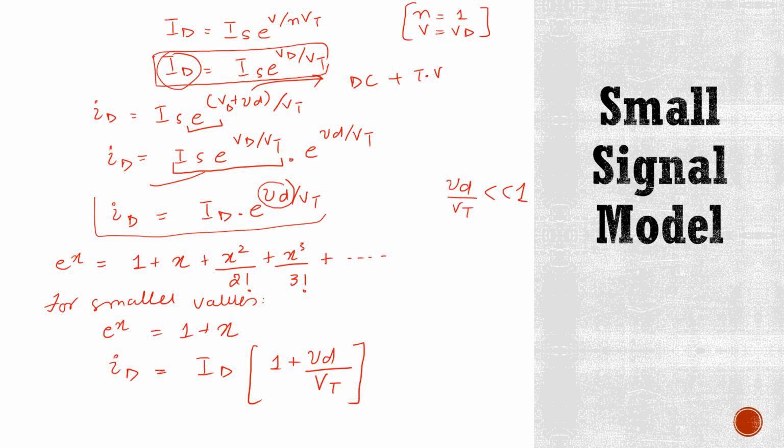Because if we look at this exponential term, here x is vd divided by Vt.